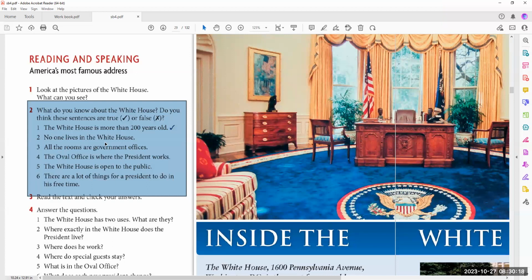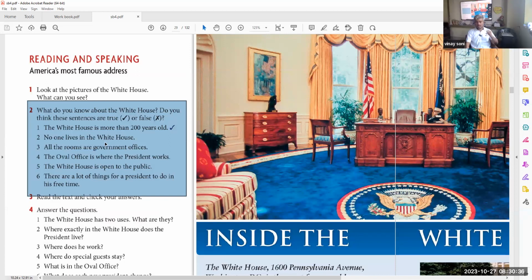Yes, Mausam. It is the safest palace in the world. Okay. फिर से बोलना मौसम. This palace is the safest place in the world. Yeah, right. What do you think, Mausam? No one lives in the White House or somebody lives in the White House?